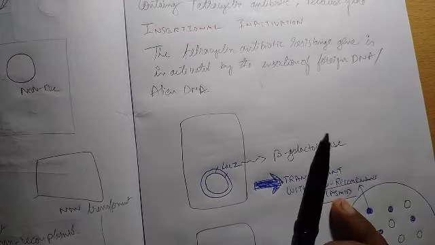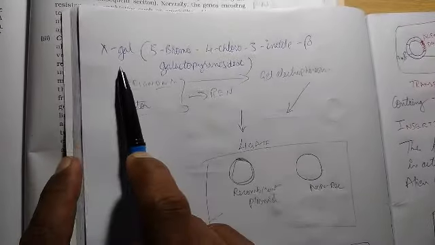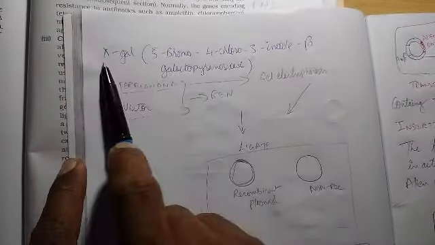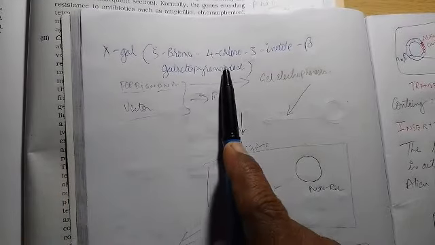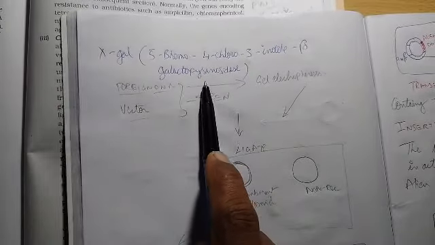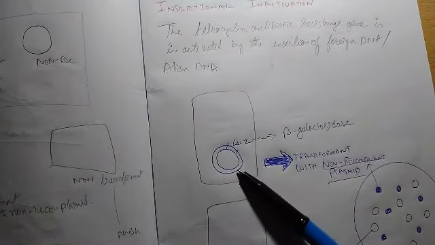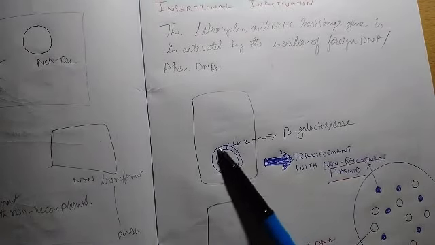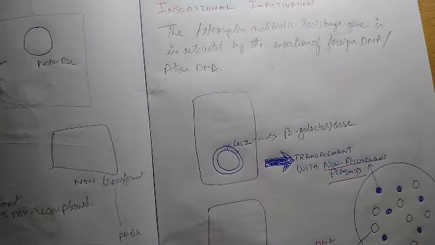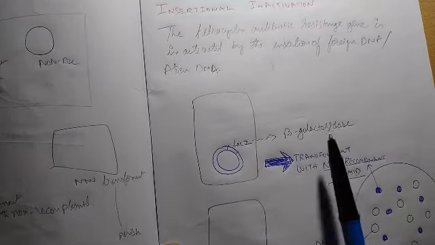This enzyme will convert a chromogenic substance like X-gal, 5-bromo-4-chloro-3-indolyl beta-galactopyranoside. If this chromogenic substance is present in the medium, and the plasmid contains the LAC-Z gene, it produces beta-galactosidase.